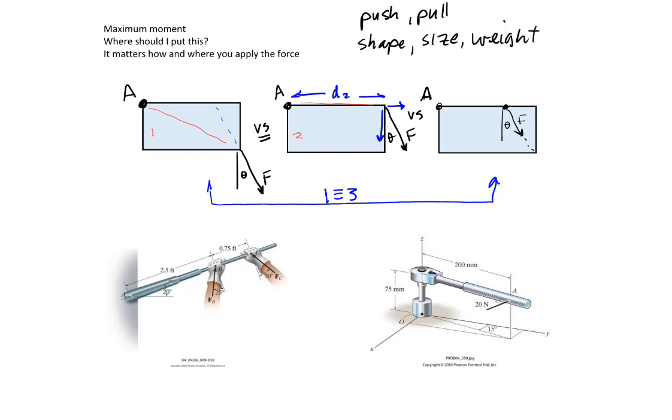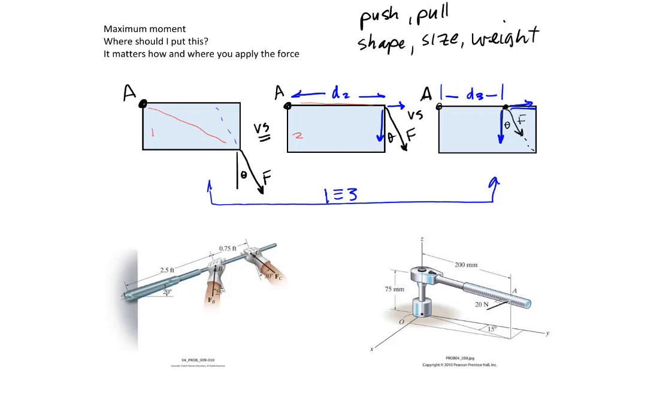If I look at scenario 3, I'll have the same cosine component and the same sine component. However, the sine component again has no effect because there is no lever arm. However, the cosine component has this lever arm. We'll call it D3.